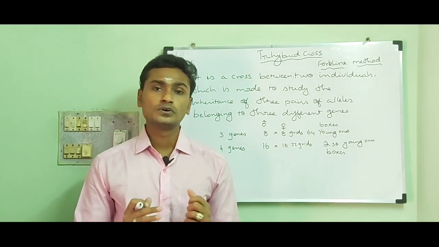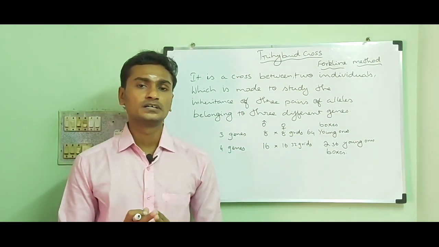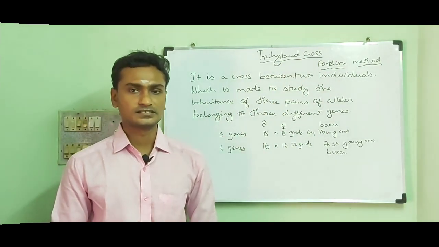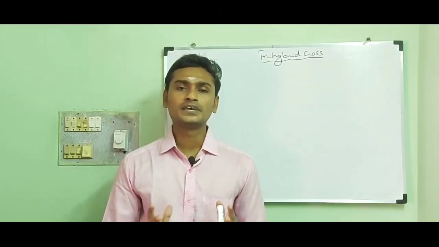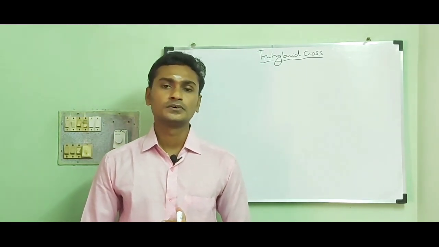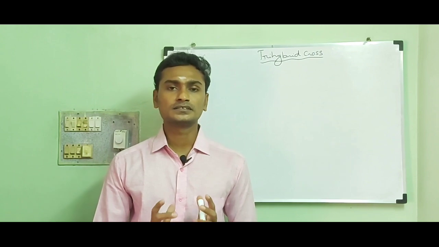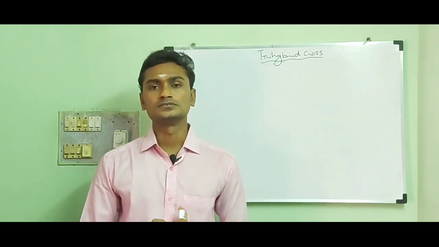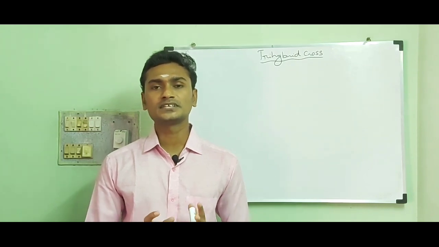Now, I am going to tell you how to prepare a Forkline diagram for a trihybrid cross. For making a Forkline diagram for a trihybrid cross, we have to make a cross between two individuals which contain 3 types of characters.